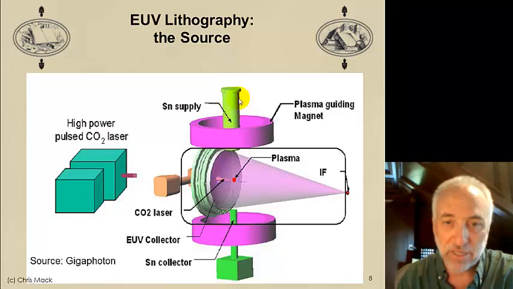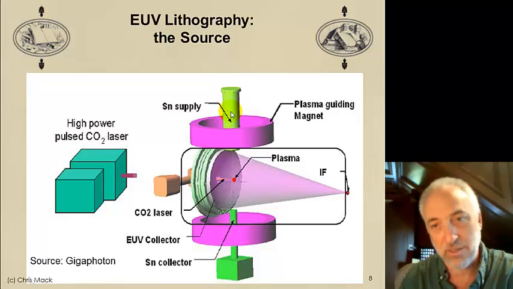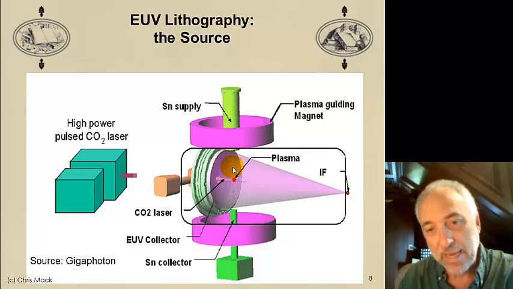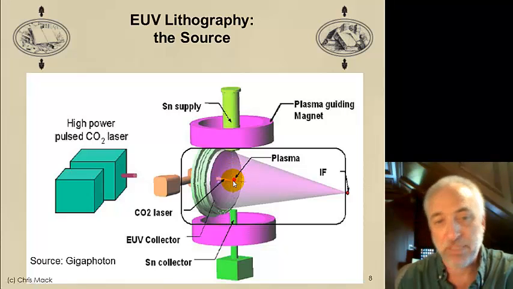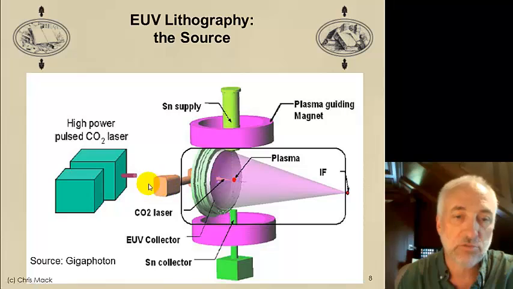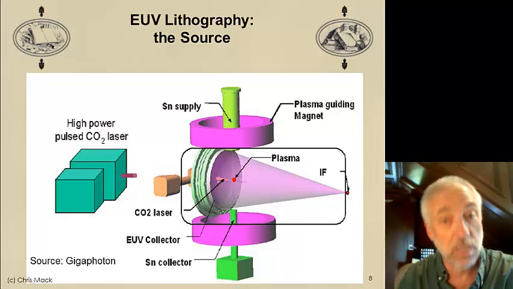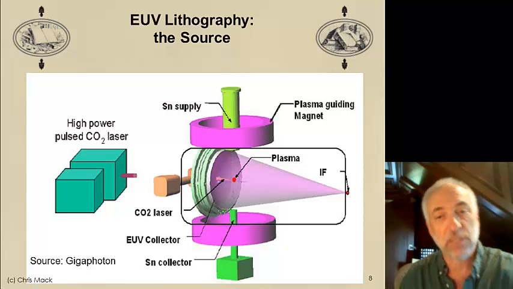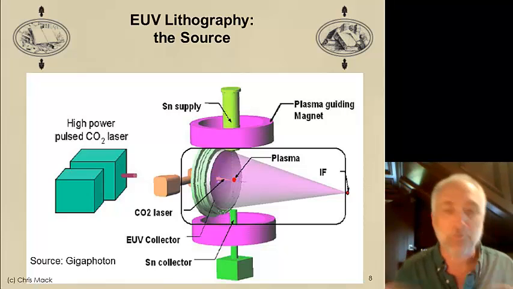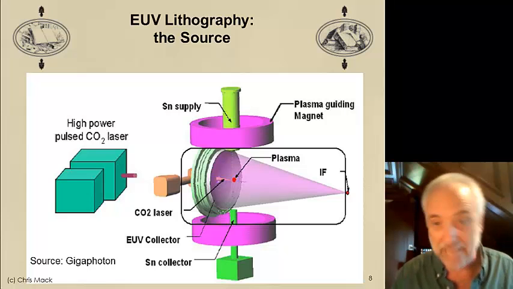We have a source of liquid tin, and we drop tin through a hole, and it falls down. This little tin droplet then is zapped by a CO2 laser, an extremely powerful laser with a wavelength of about 10 microns. It hits that tin droplet, which absorbs the energy, vaporizes the tin and turns it into a plasma.